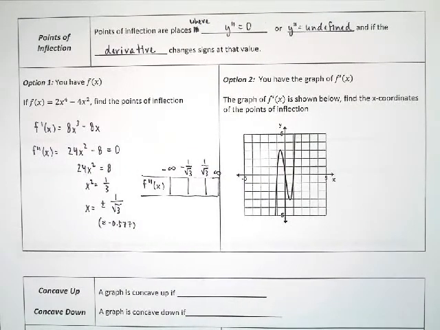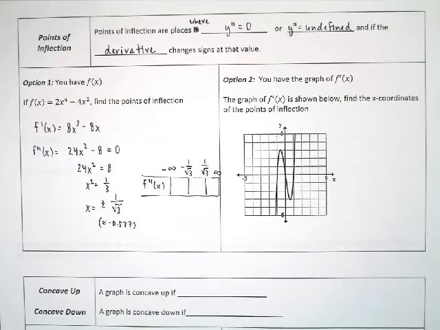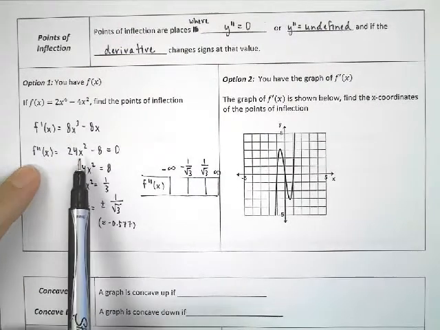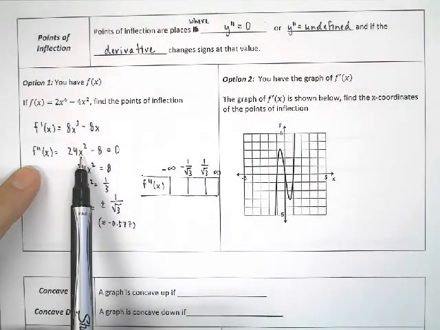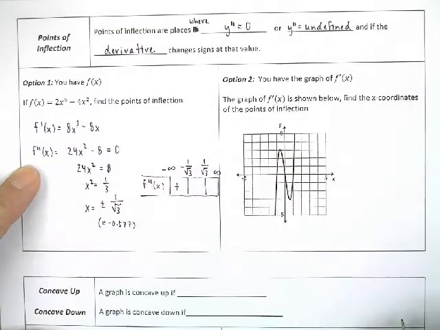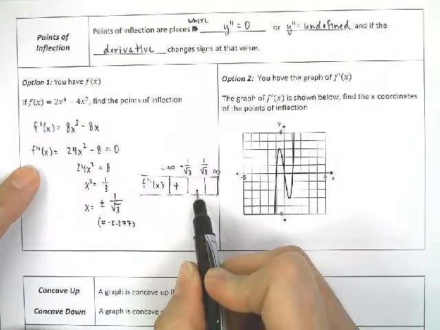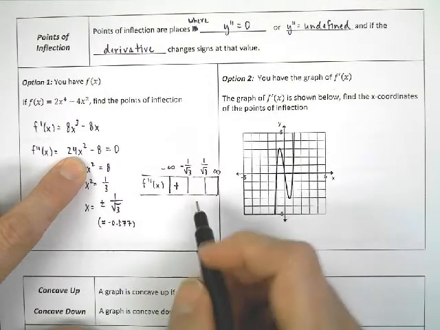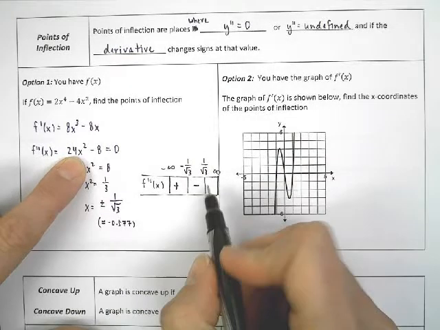So if I want something between that negative number and negative infinity, I could just pick negative 1. If I plug that back into my second derivative, a negative 1 squared is just going to be positive, so 24 minus 8 is going to give me a positive value. Now I want to pick a number in between, so 0 is an easy choice. If I plug that in, my second derivative is going to be negative.